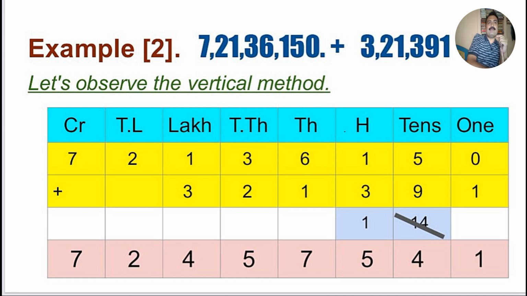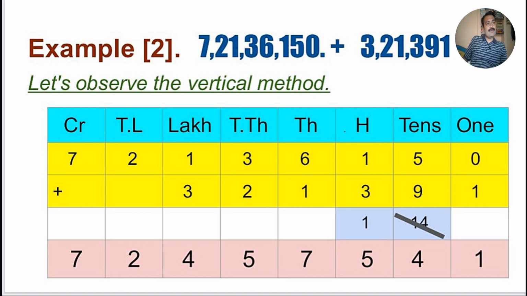The second number is just of 6 digits. Most students start arranging the second number from the crore place, that means they arrange 3 below 7, but they forget that this 3 has lakh place. So the lakh place digit should be taken below the lakh place. It is important. If you do not know this method, then arrange the second number the opposite way.